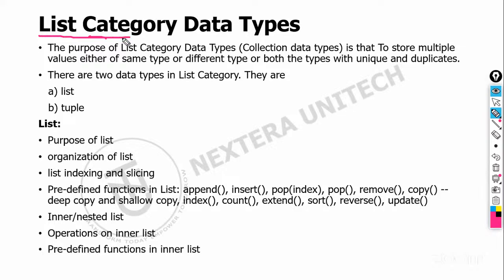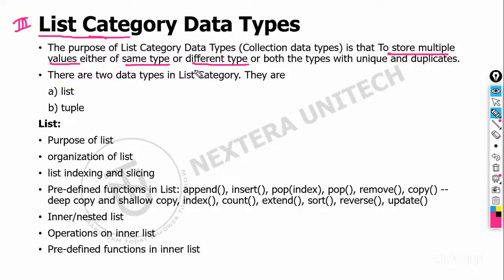Okay. So within the 6 types, the third type is list category data types. The purpose of list category data types is to store multiple values. Okay, we can store multiple values inside list category data types, either of same type or different type.